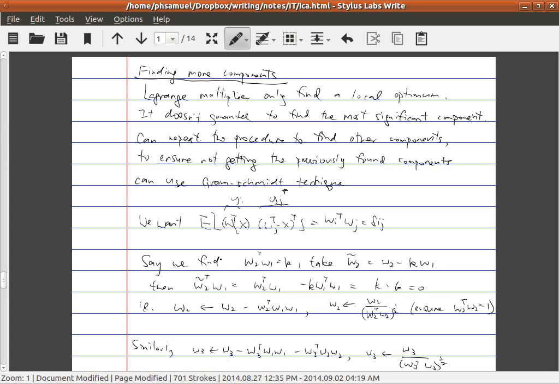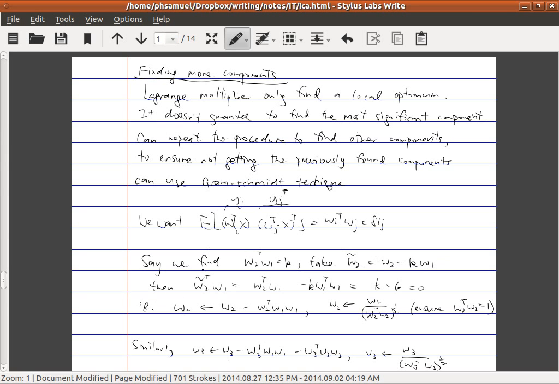Now let's say w1 and w2 are two of the components we find, and let's say w2 transpose w1 is equal to k. Now we take w2 tilde as w2 minus k w1.